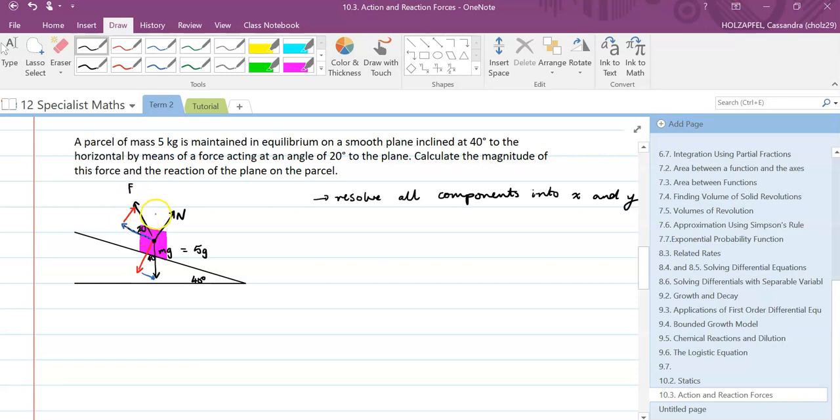So we can actually break this down into its x and y components as well. Again, we have this blue line here, which is parallel to the plane, and this red line here, which is acting perpendicular to the plane. So when we sum up all these forces, they should sum to 0. So I'm going to go ahead and calculate what the value of each of these forces are.